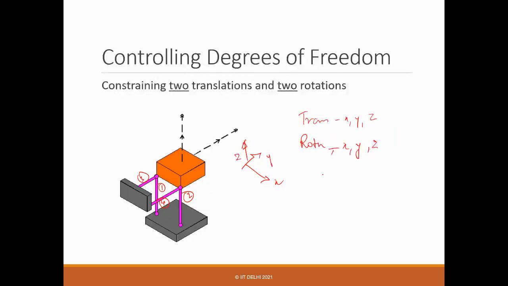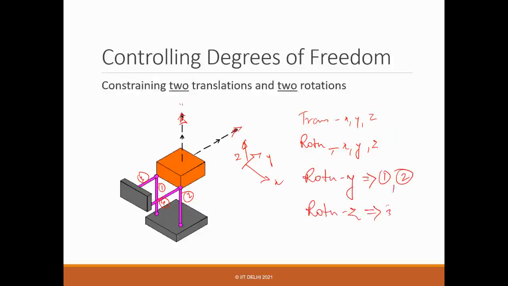If I ask whether the rotation along x is getting constrained here, of course it's not, but rotation along y is constrained, right? Rotation y is getting constrained by 1 and 2, right? What about rotation z? If I want to rotate this, how is it getting constrained?